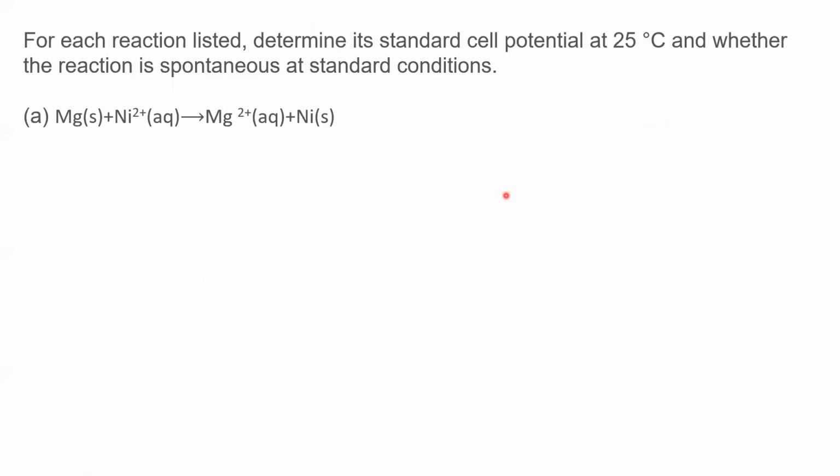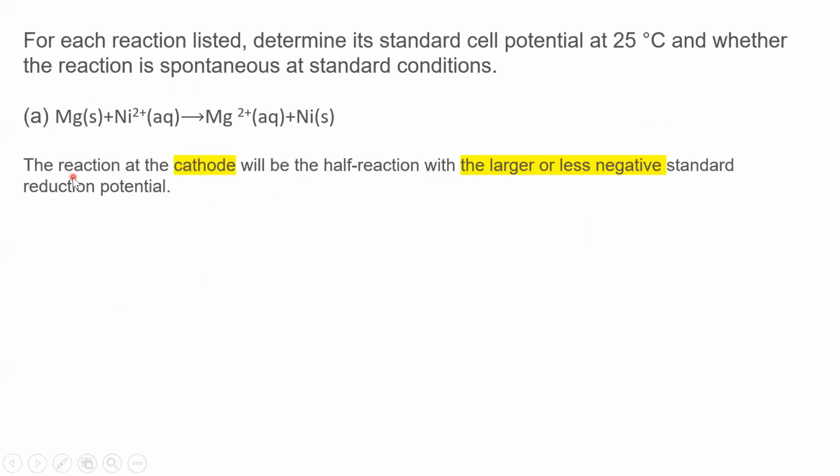Let's say that we've got magnesium metal reacting with nickel ions, and we want to decide whether this reaction is spontaneous. Well, the reaction at the cathode, which is the reduction half reaction, is going to have the larger reduction potential value.